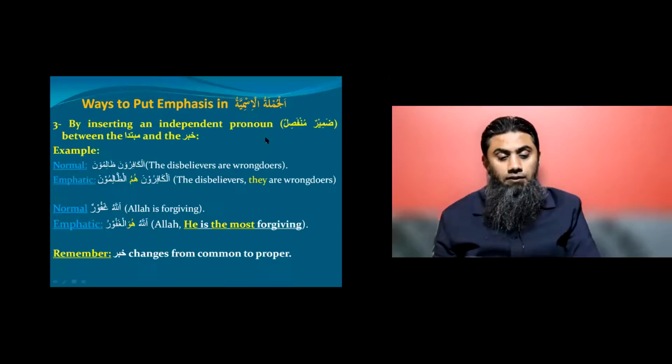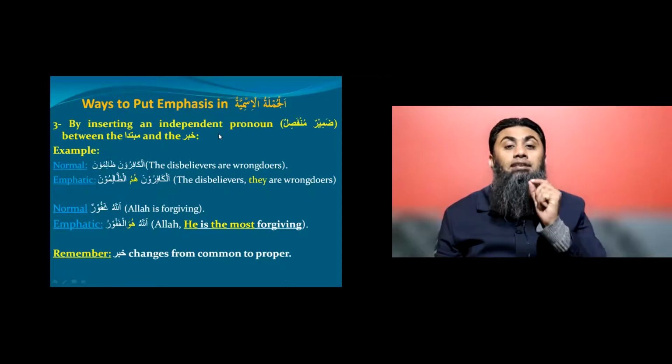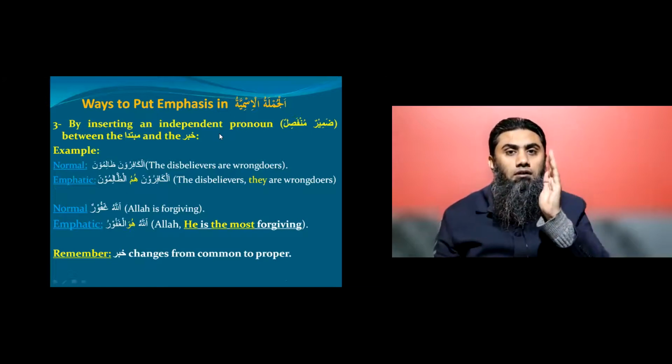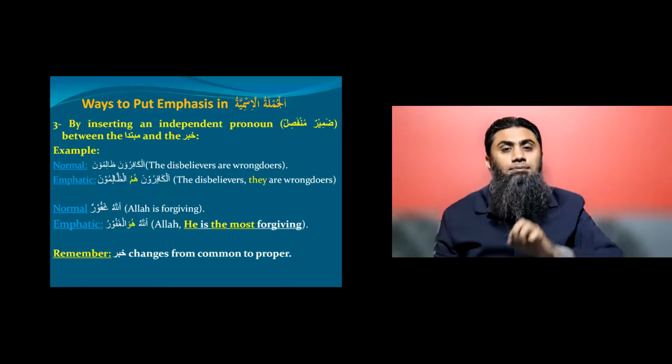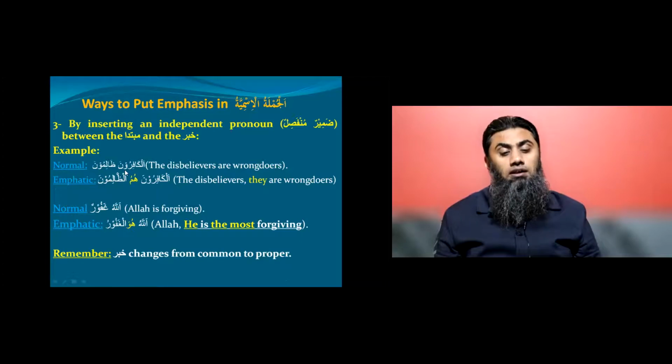Let's keep moving. Another way is that you put an independent pronoun in between mubtada and khabar. And in this way, your sentence becomes emphatic. Look at the example. Al-kafiruna zalimuna. The disbelievers are wrongdoers. Al-kafiruna is mubtada, zalimuna is khabar.